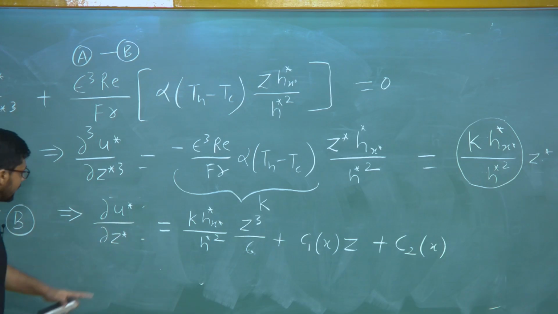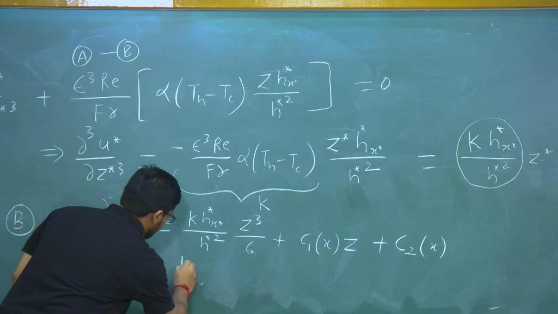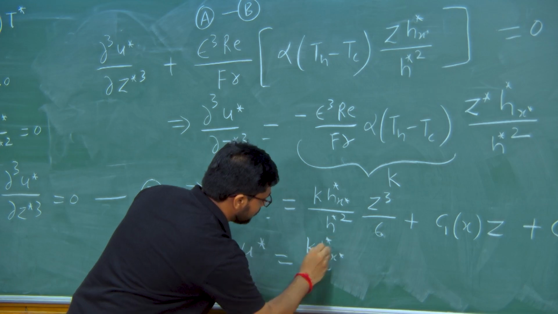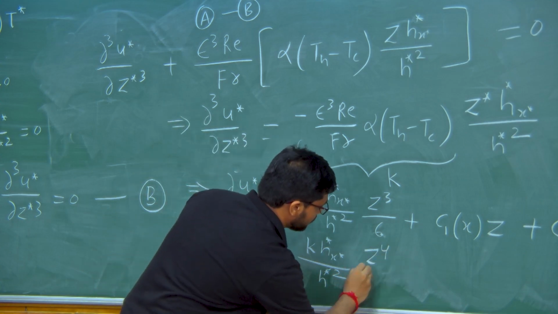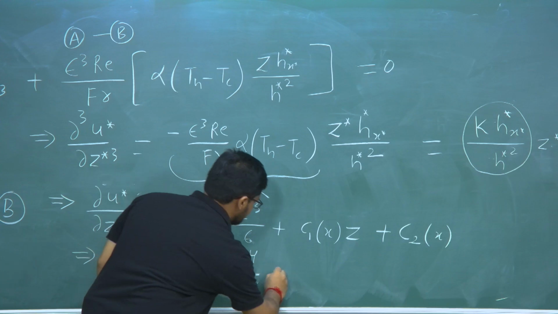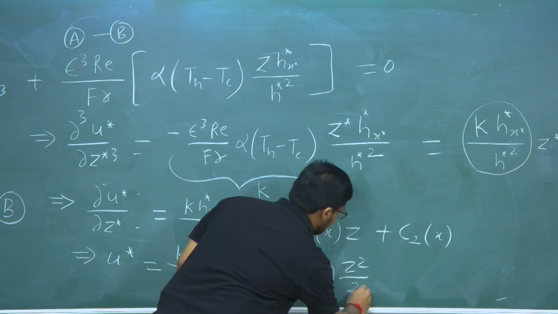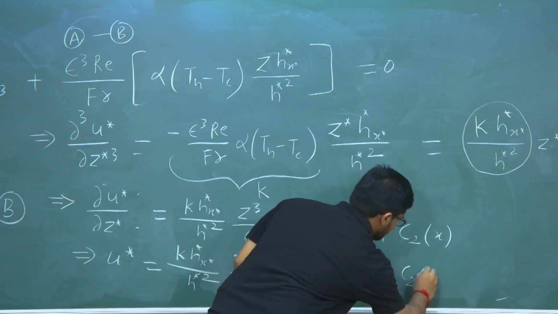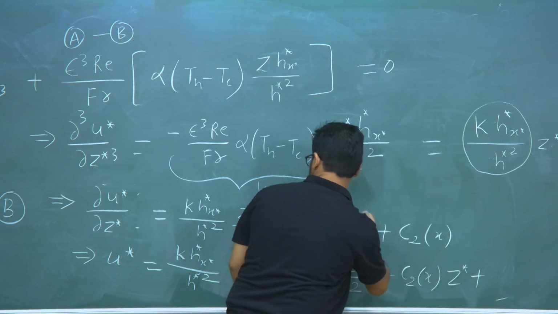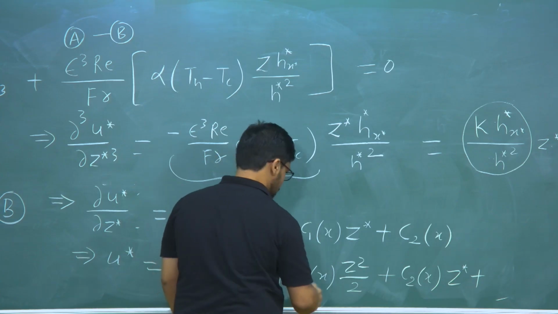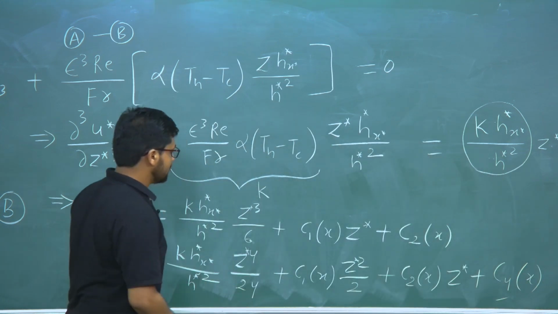If you integrate it again with respect to z, you will get u* equal to k into h_x* by h*² into z⁴ by 24, plus C1 of x into z² upon 2, plus C2 of x times z, plus C3 of x, with z* everywhere.